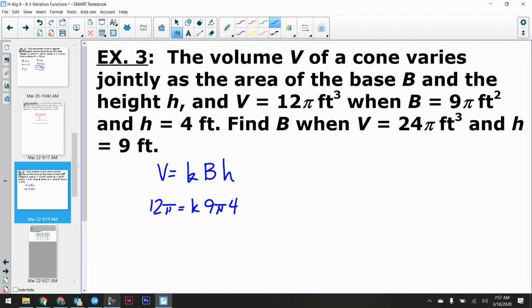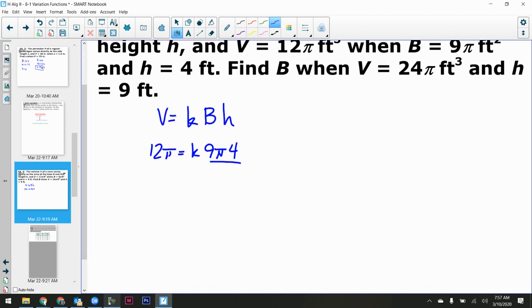I can simplify: 12 pi equals 36 pi k, because it's all multiplication, so I can reorder and regroup as needed. The pi's cancel out, and I divide by 36 to get k = 1/3.